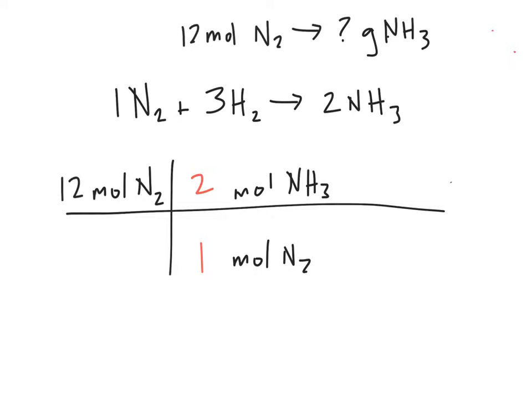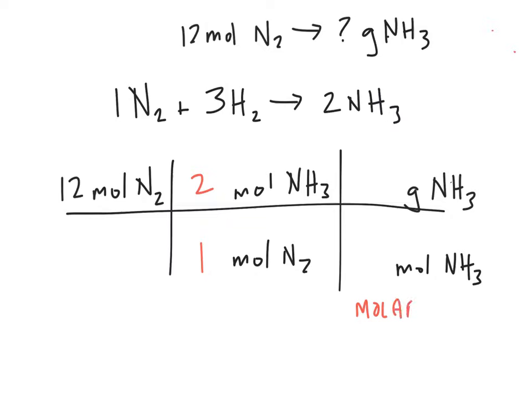So now I need to continue moving forward because I'm at moles of ammonia. I want to go to grams of ammonia. So I'm going to add another step. I'm going to write my unit, moles of ammonia. And now moles of ammonia can convert to grams of ammonia. Okay, so now what I have here is a molar mass conversion.